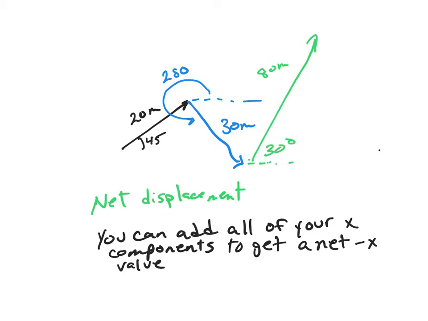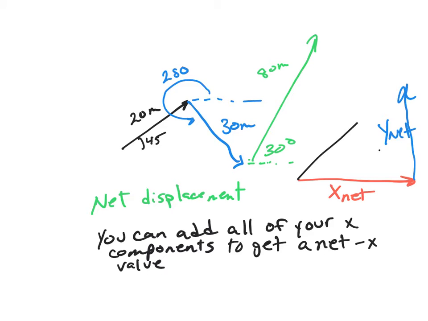Then you can do the same thing for your y's. And so what you'll end up with is some net x displacement. You'll end up with some net y displacement. Those become your components, and then you can solve for the resultant.